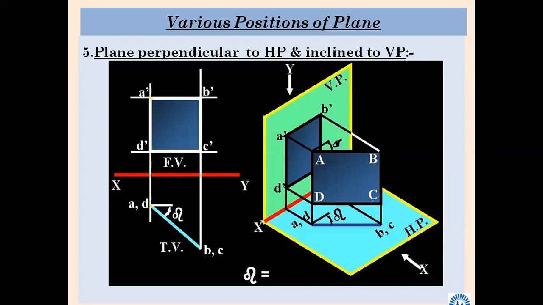Very good. So same is here. A plane is perpendicular to HP, as given in the figure. It is showing its edge view or line view, and as it is inclined, it is showing its apparent shape. You can note this down. It is very simple, parallel to the line chapter.